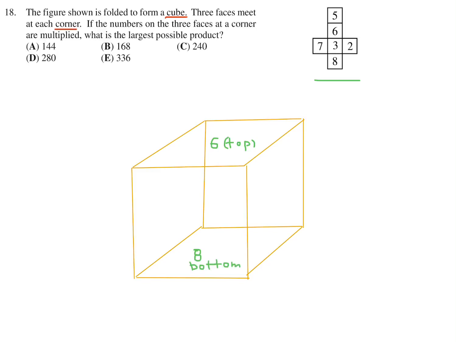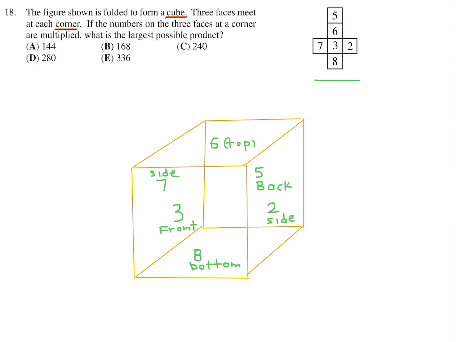And therefore 3 is over here, the front, and 5 will be all the way at the very back. And on the sides we have 2 and 7. So 2, I'll just put side, and 7 is this side, left side, right side.